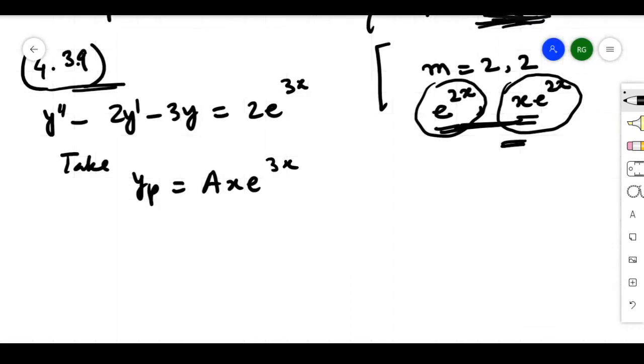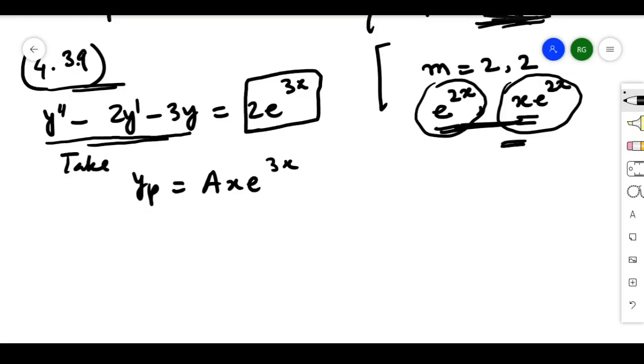Just observe whether this e to the power 3x is a solution of the homogeneous equation y double prime minus 2y prime minus 3y is equal to 0 or not. If yes, then we shall take the particular integral yp as ax e to the power 3x. If not, then we can take yp as a e to the power 3x.